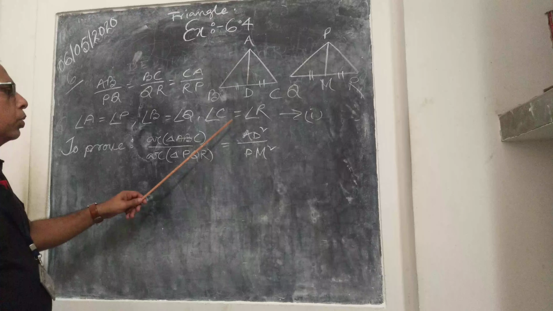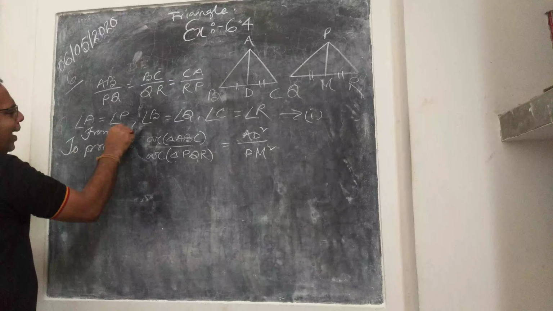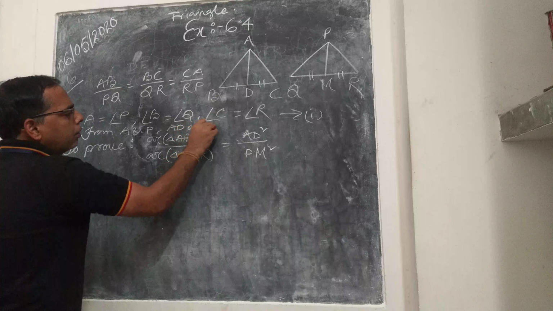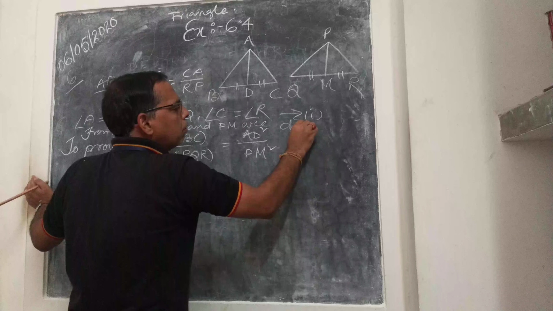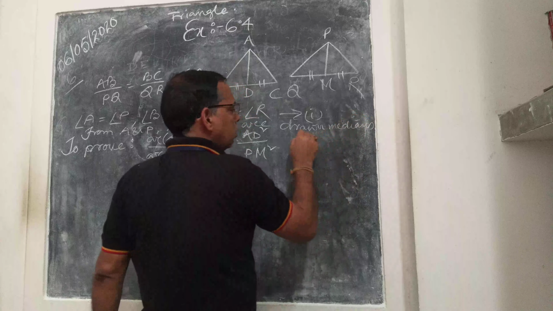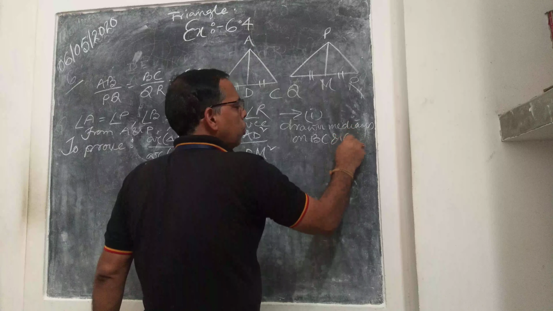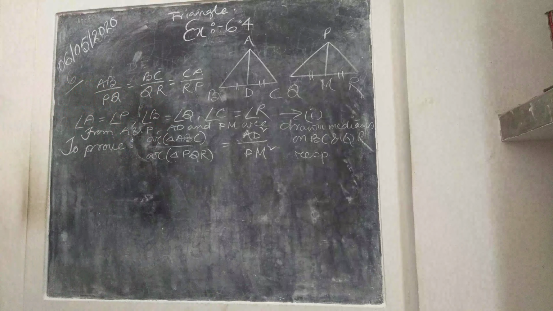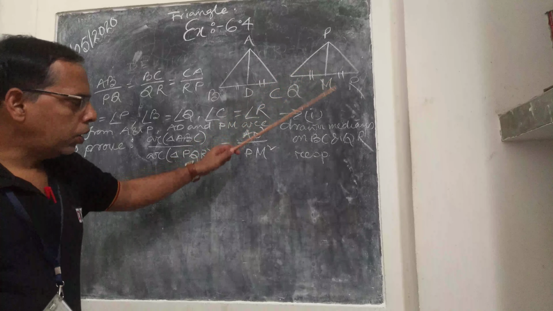Not written. So first you have to write down that from A and P, AD and PM are drawn medians on BC and QR respectively.